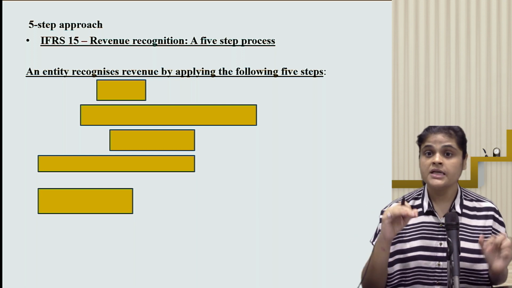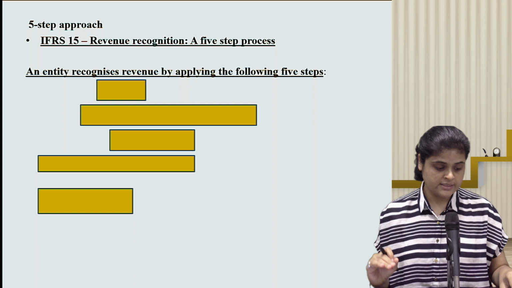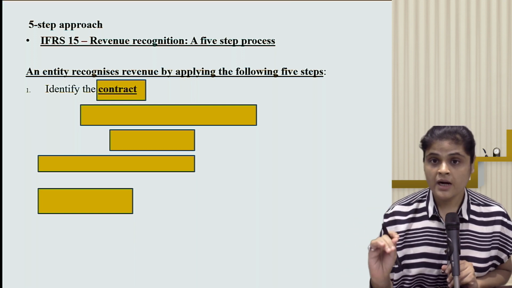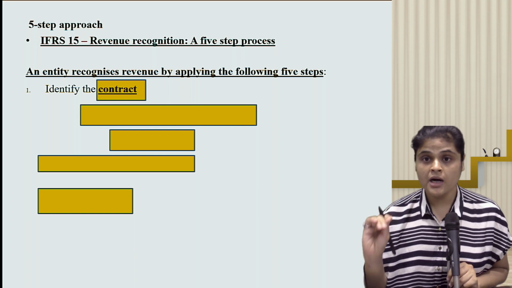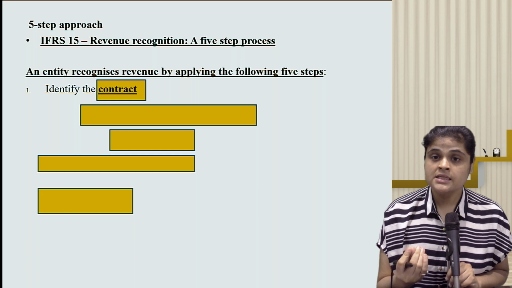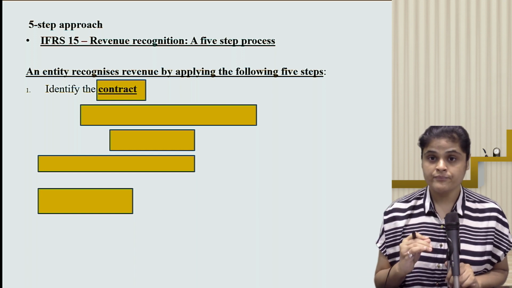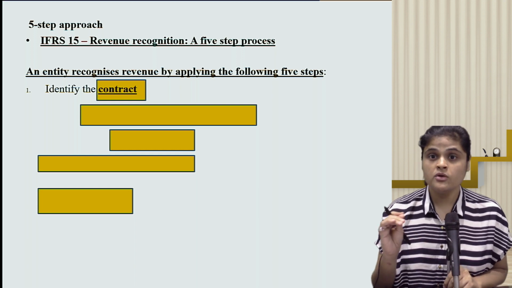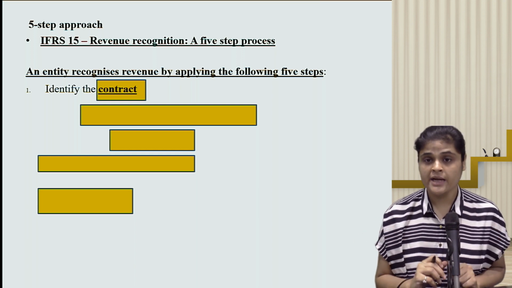Starting with the first of the 5 steps, based on which the entire standard has been framed. The first step is to identify the contract. There will always be two parties, the seller and the buyer, and there should be an agreement between the two parties. The agreement can be written, it can be oral, or it could be just a business practice.